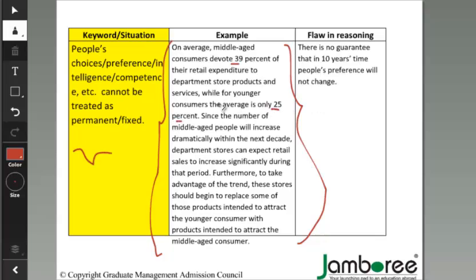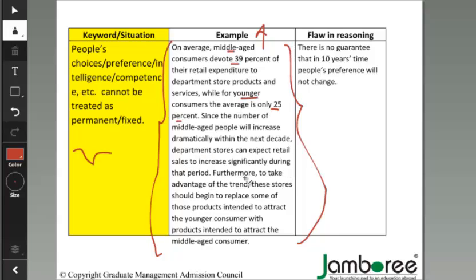Since the number of middle-aged people will increase dramatically within the next decade, department stores can expect retail sales to increase significantly during that period.